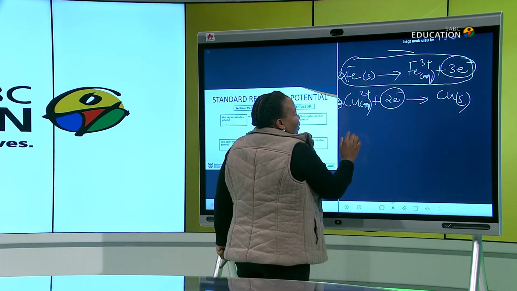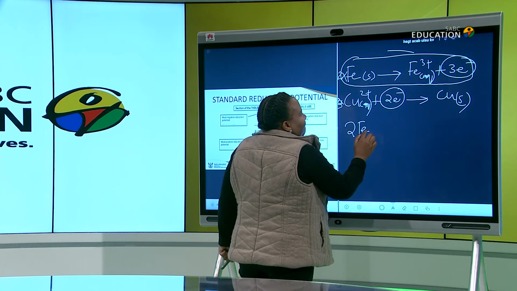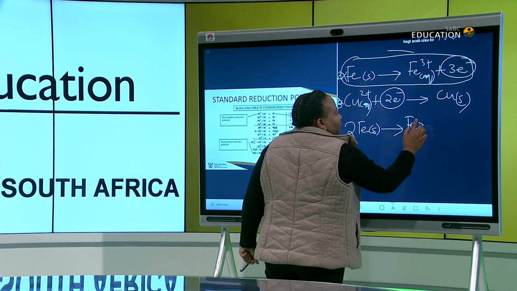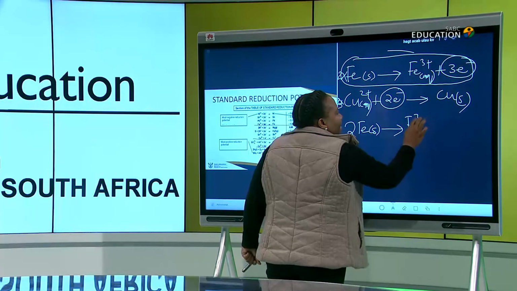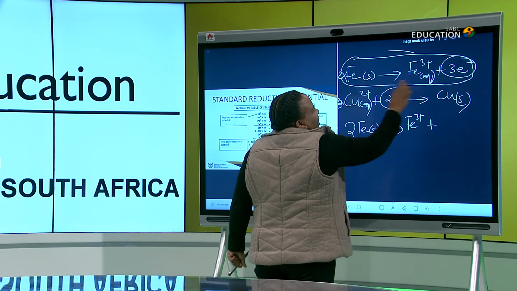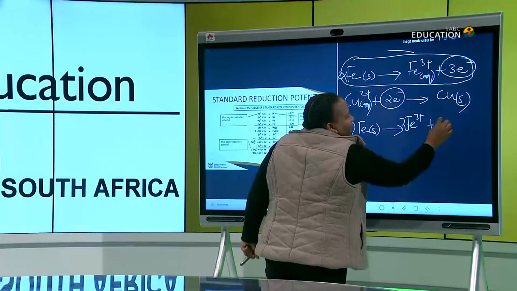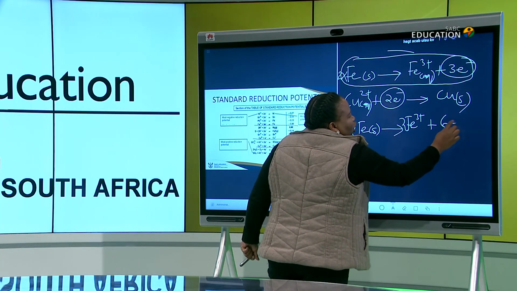Now, what we're going to have is 2 Fe solid giving you 2 Fe 3 plus, because it's multiplied, and 2 multiplied by 3 is 6 electrons.